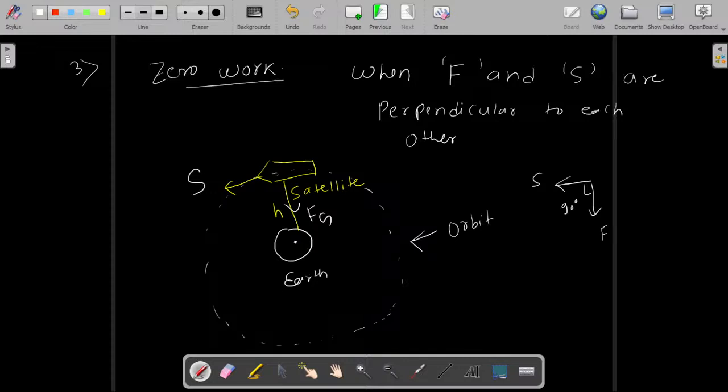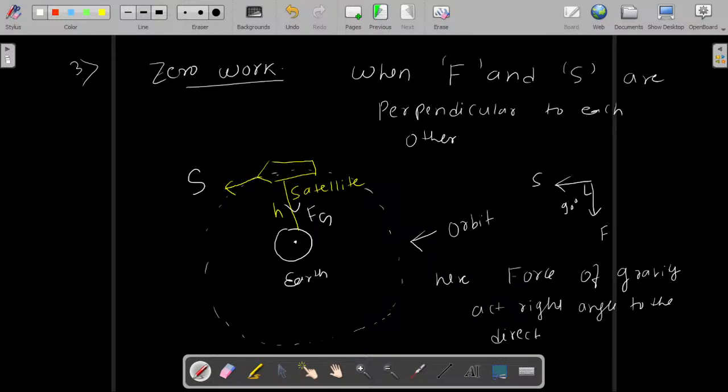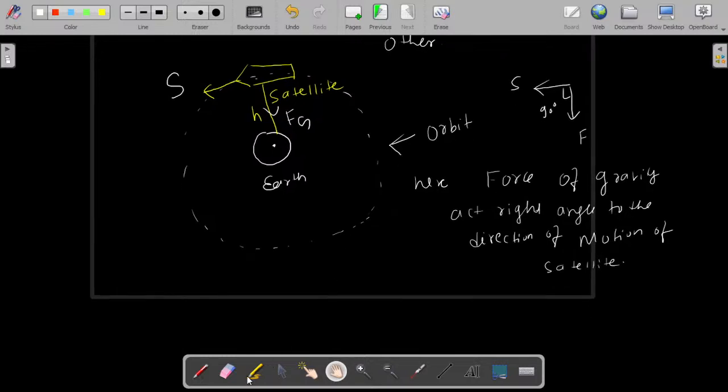Here you draw this diagram and write here, force of gravity acts at right angle to the direction of motion of satellite. So here work, what we have to write?